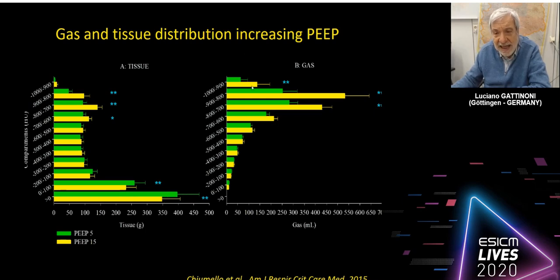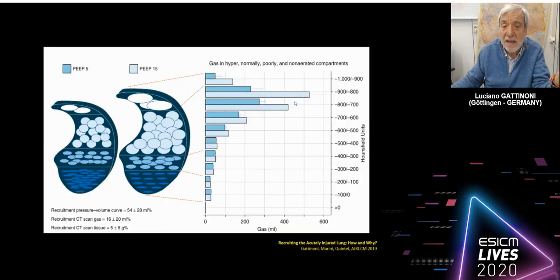But you see that the gas goes, these are the gas compartments, when you increase the pressure, primarily into units which are already very well open. Look here, this is the normal compartment, 800, 700, 900, 800. Most of the gas goes there. That means when you put pressure, the lung accepts the pressure where there is more compliance.